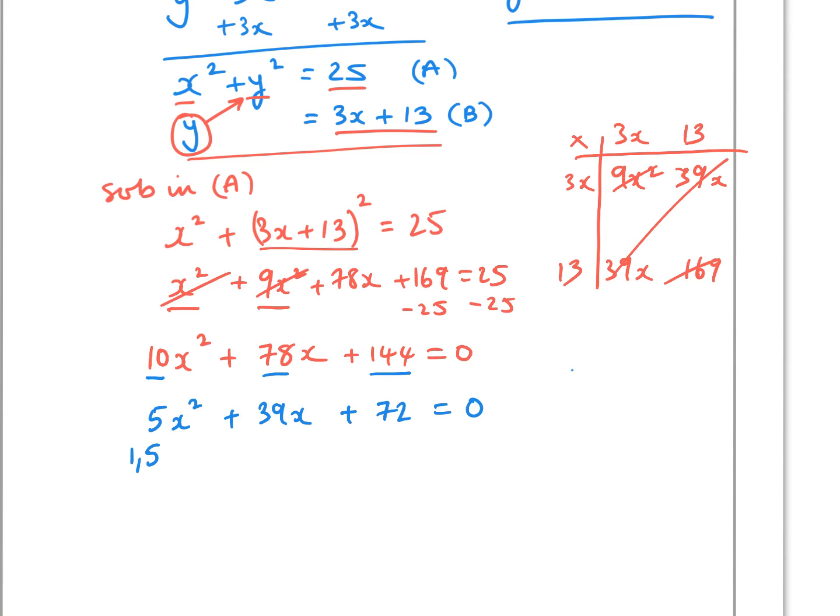Factors of 72: 72 and 1, 36 and 2, 18 and 4. We want to try and get the number 39 if we can. So 9 and 8. I think I've seen it. Again, this takes a lot of experience, so take your time on learning how to factorize.